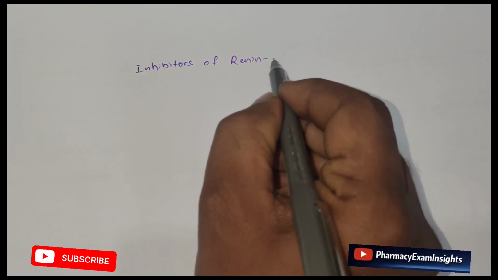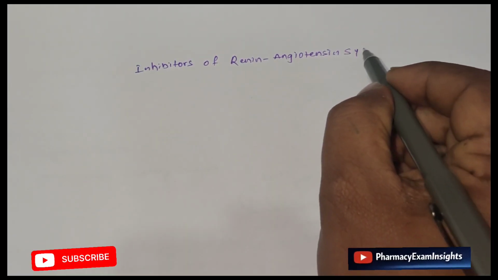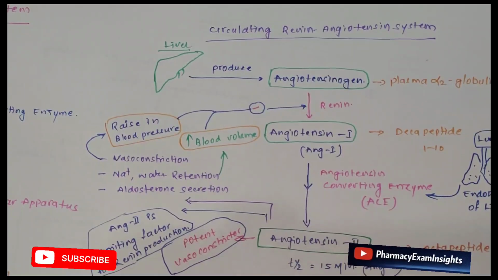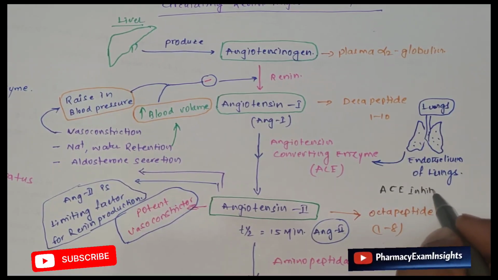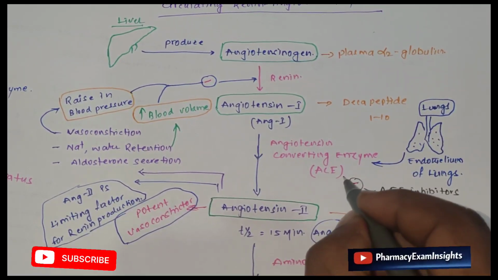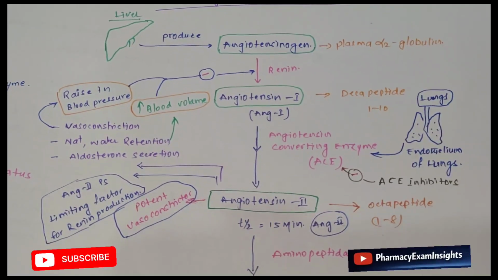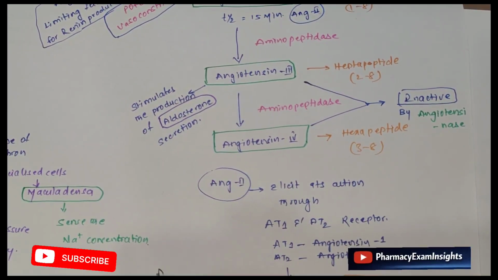Let's discuss drug classification of inhibitors of the renin angiotensin system. As we discussed earlier, angiotensin converting enzyme inhibitors: if we block this enzyme, angiotensin 2 will not be formed, so we can stop vasoconstriction.